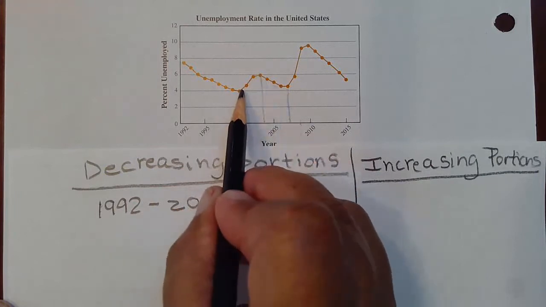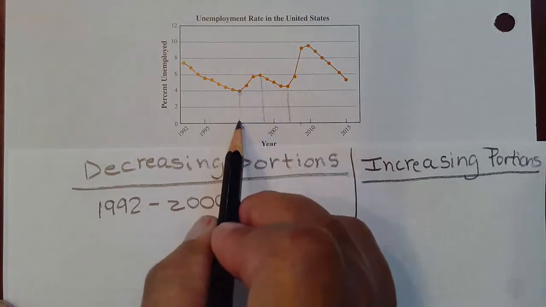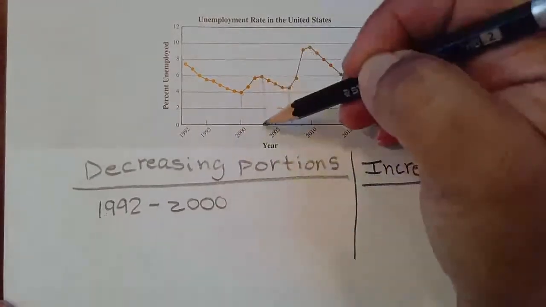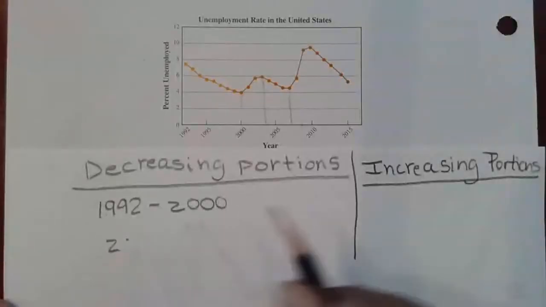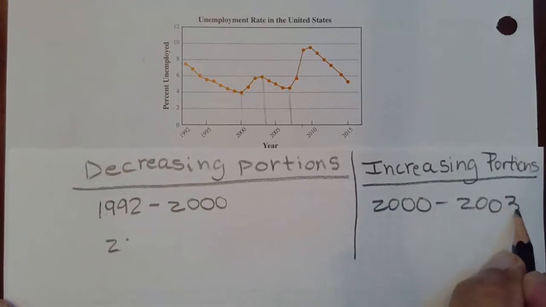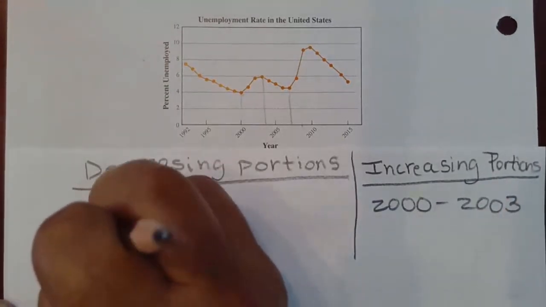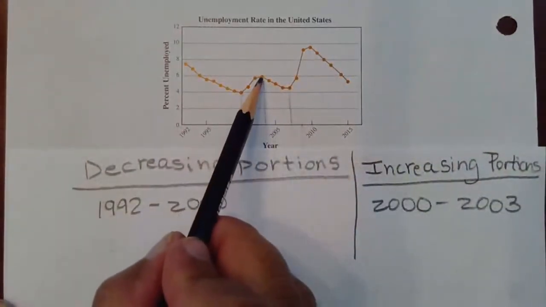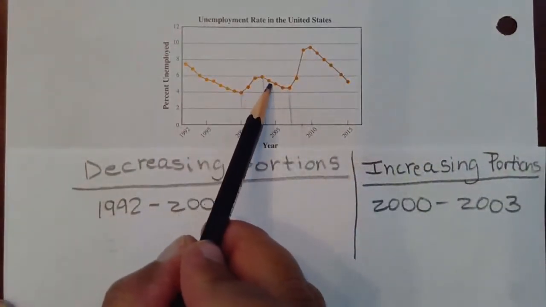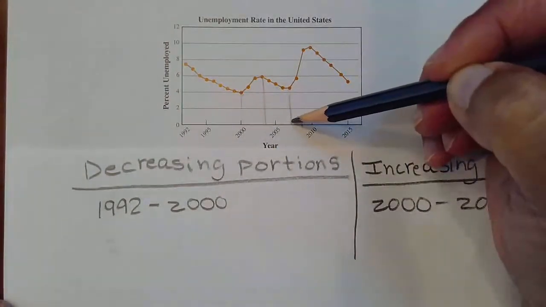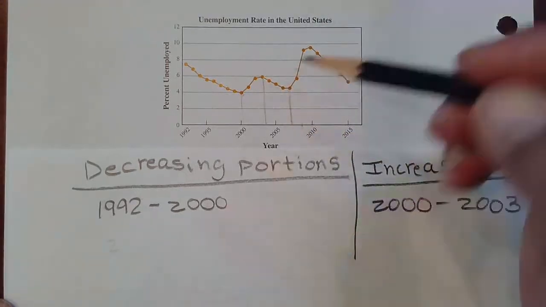Okay, so let's talk about this increasing portion right here. It starts at 2000, ends at approximately, looks like about 2003. So that's an increasing portion. Okay, then we start to drop again. That drop begins in 2003 and ends at approximately what appears to be about 2007, 2003 to 2007.